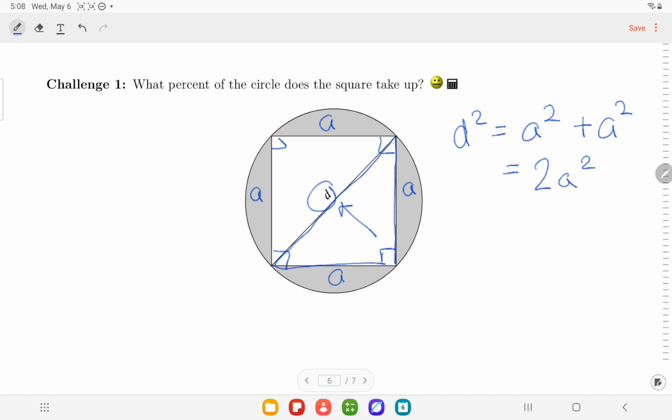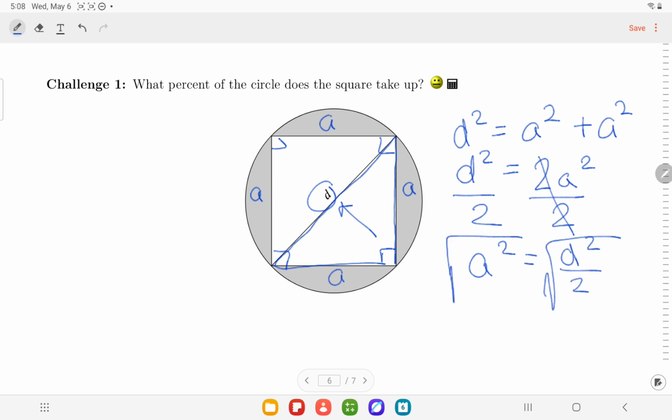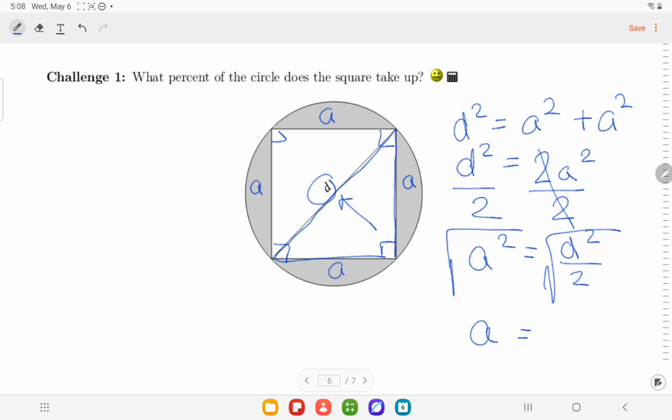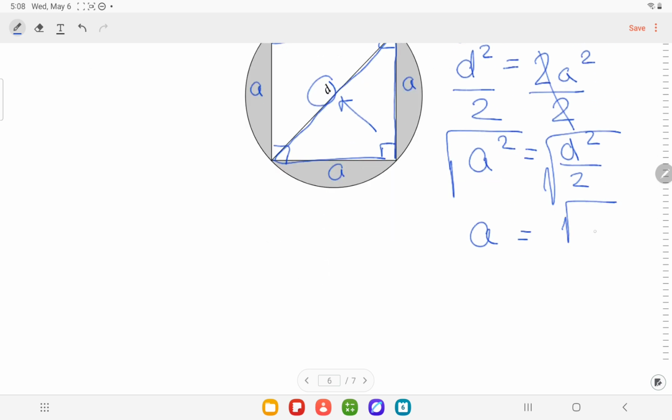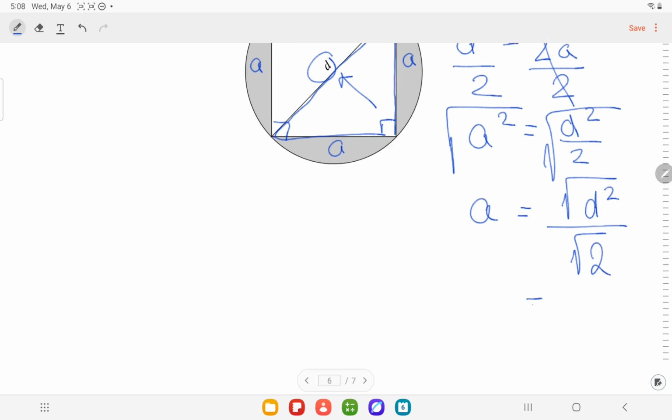So 2A squared. And we can isolate for our A by dividing by 2 and taking the root. Now when you take a root, you can take the root of the numerator over root of the denominator. And in this case, the root of the numerator is going to be just D over the root of 2.